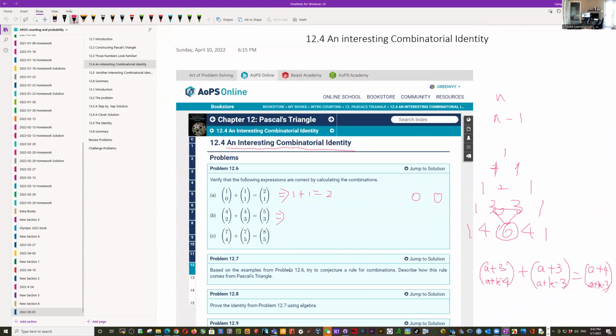So basically, problem 12.7, it's just the rule of the combination, like this inverse triangle.